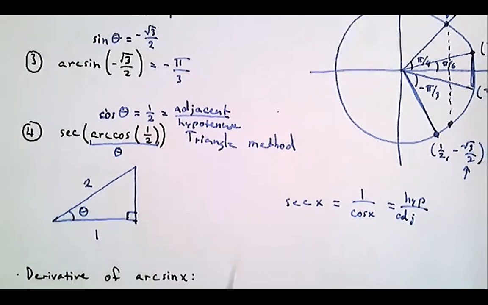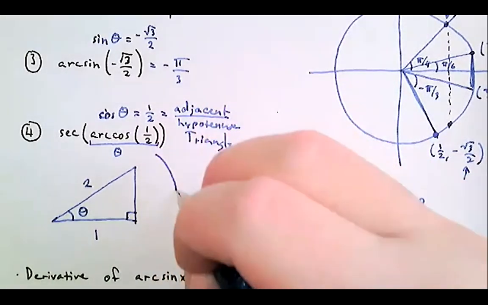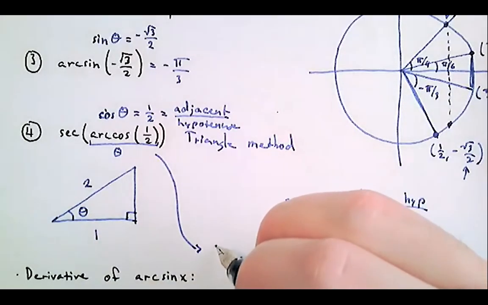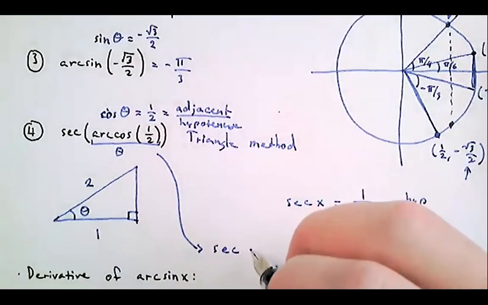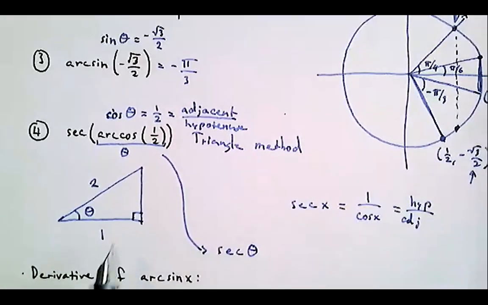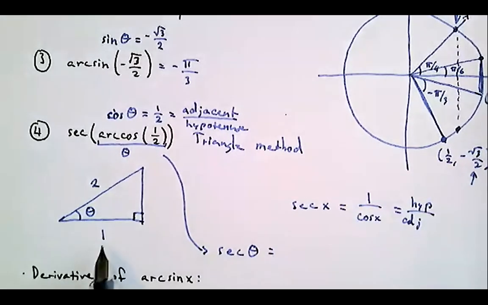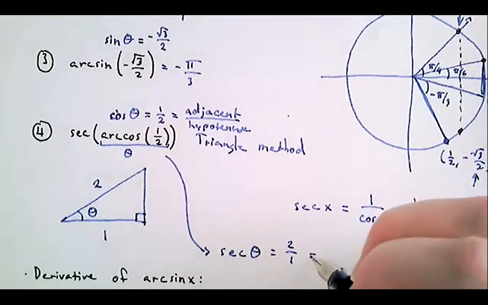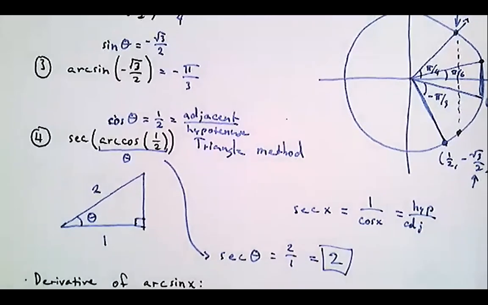This will give us secant of theta, and secant of theta is the hypotenuse divided by the adjacent side. So the answer is 2.